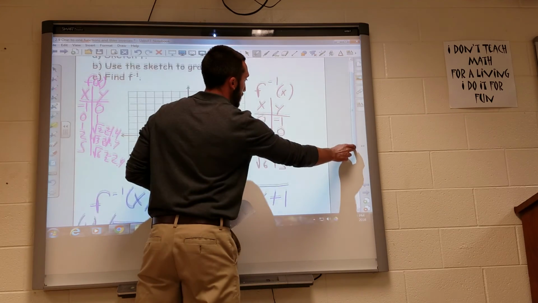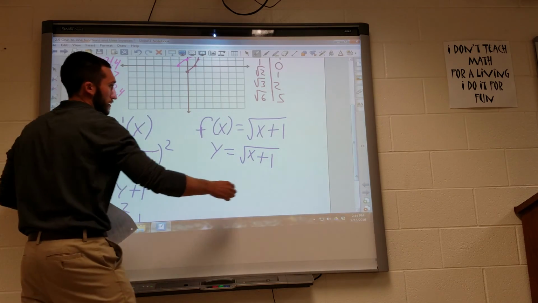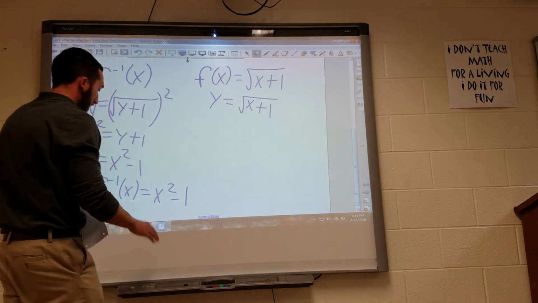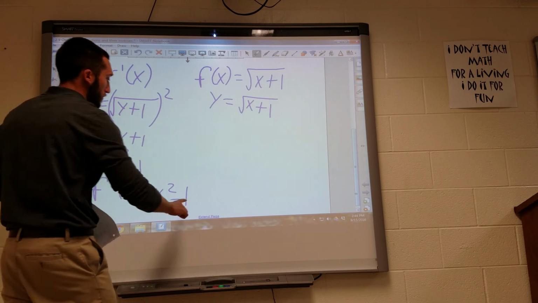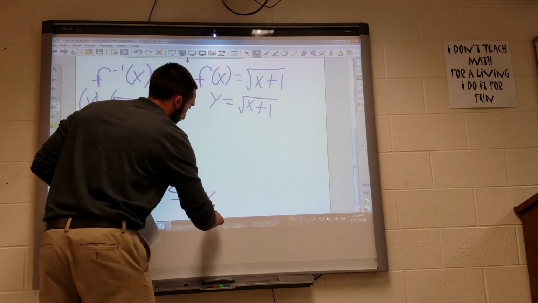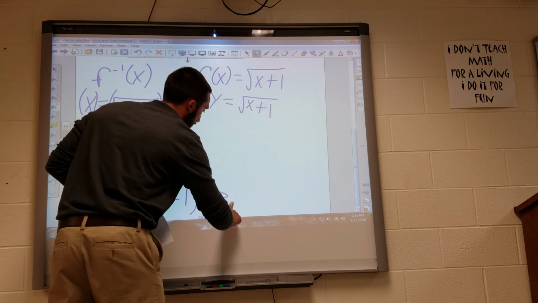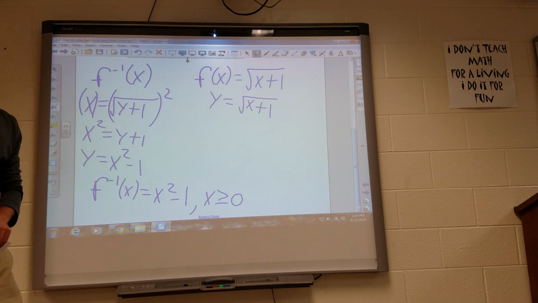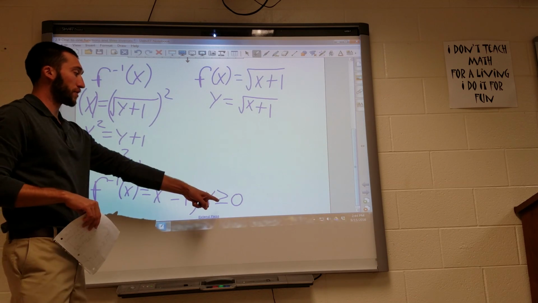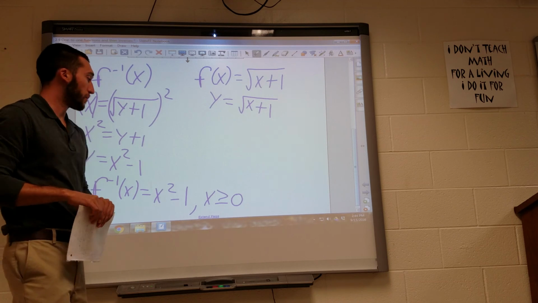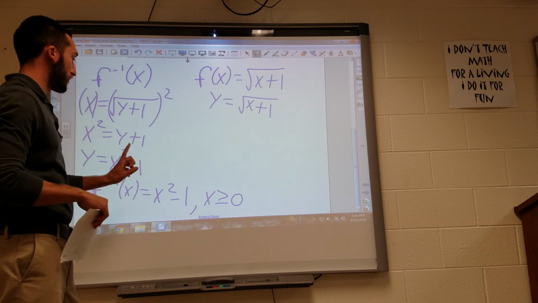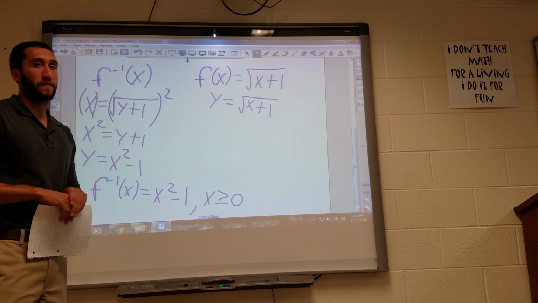So it's going to be x squared minus 1, but x has to be greater than or equal to 0. And we'll do more examples of that to really nail down the domain. But they're not asking for the domain here. They're simply just asking to find f inverse.